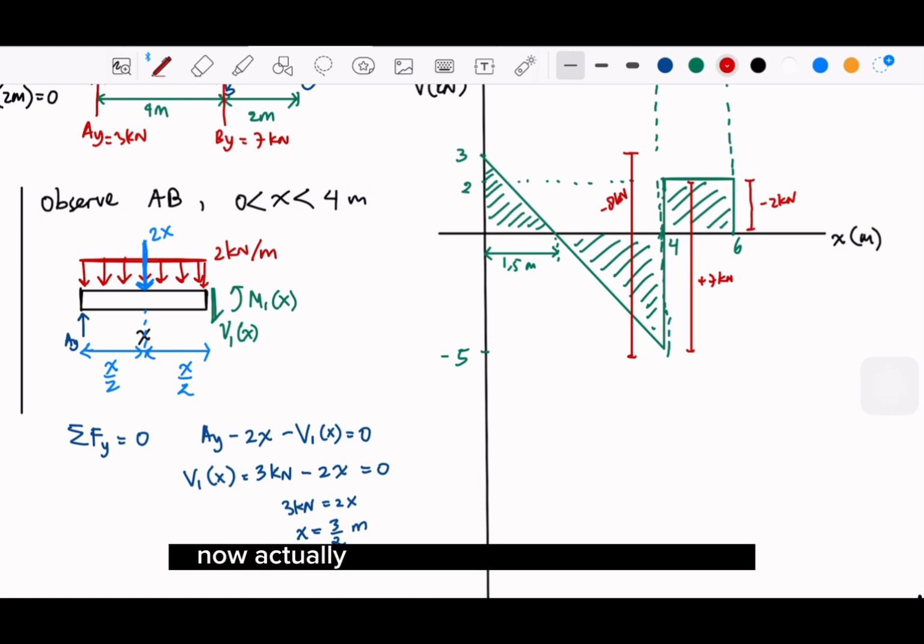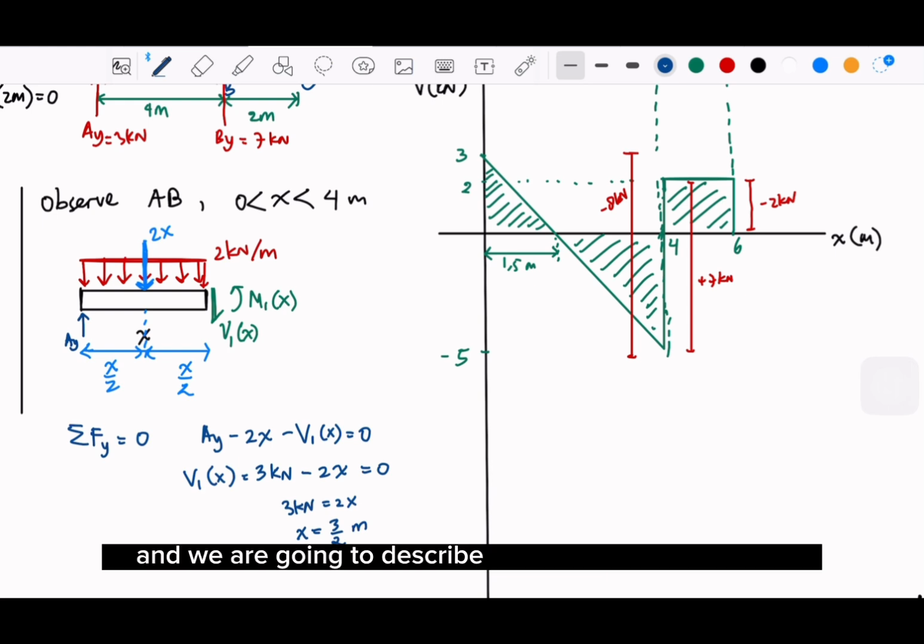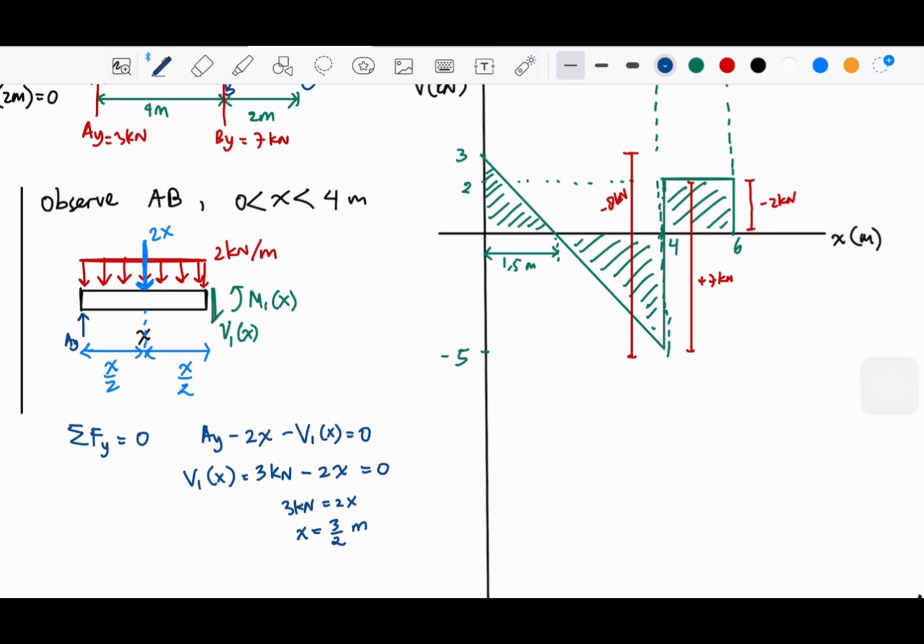Now actually, for the same observation for AB, aside from the sigma of F, we could also take the sigma moment of the small section AB here, and we are going to describe the moment using this M1, and then make everything statically in equilibrium.